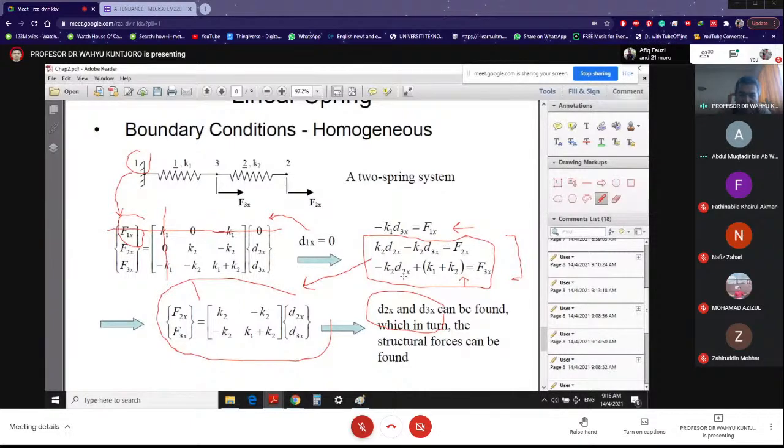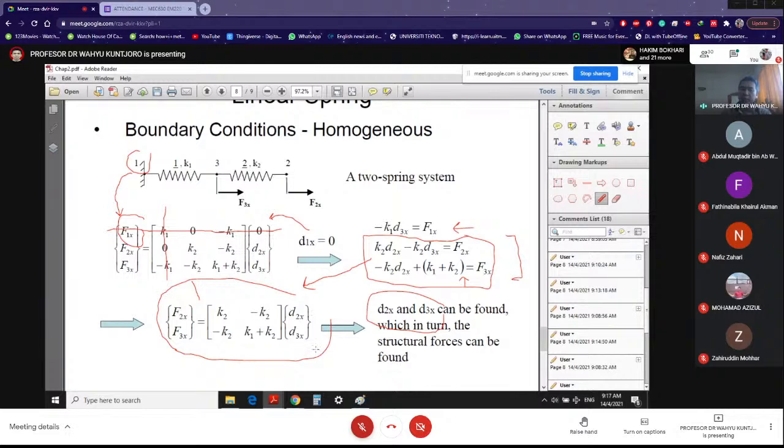What you want to find out actually is number one, displacement at every node. And you find displacements at every node by solving this equation at the bottom. This equation is, of course, the same with this equation here. So how do you solve it? Using Gauss elimination, for example, or whatever method that you can do. By doing that, you can solve D2x and D3x.